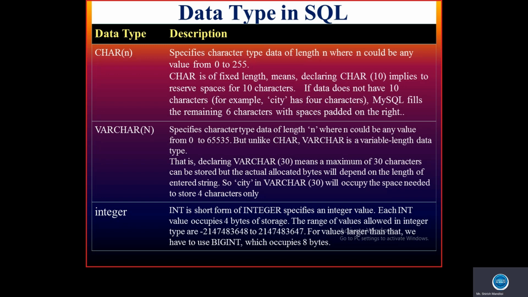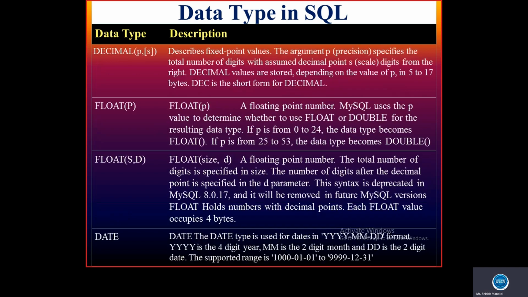Integer, short form INT, is used for integer values, and each int occupies 4 bytes of storage. The range of allowable values for integer is given here. BIGINT occupies 8 bytes. For decimal, we have two values, precision and scale.